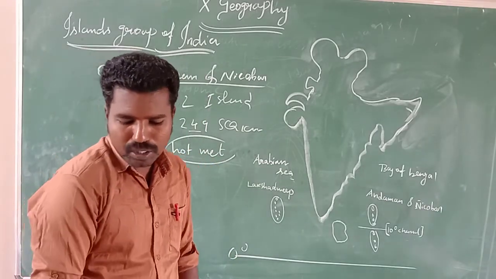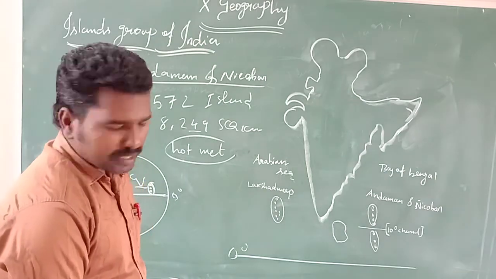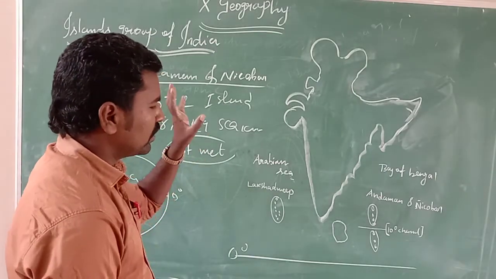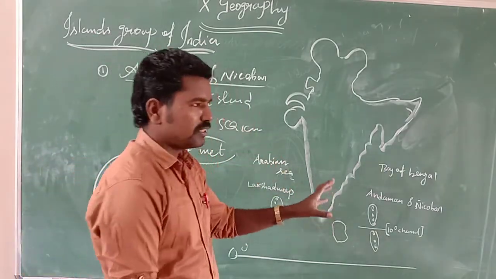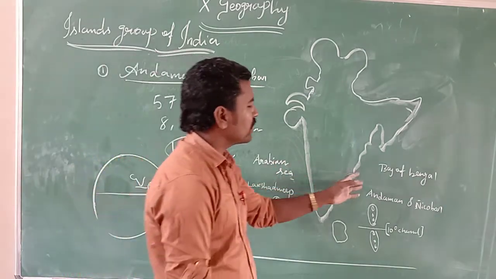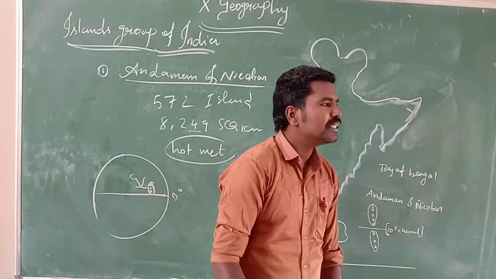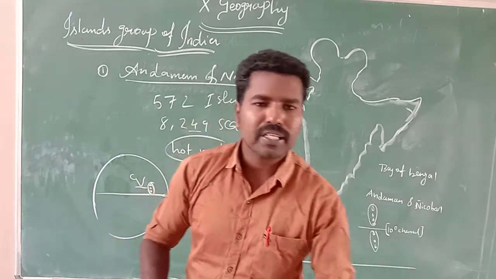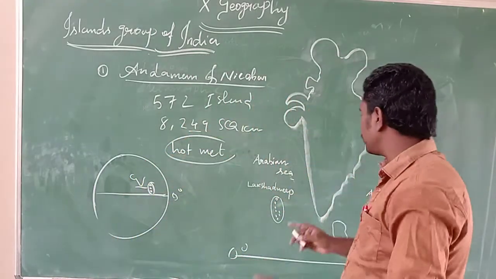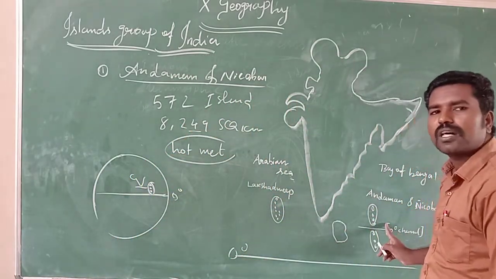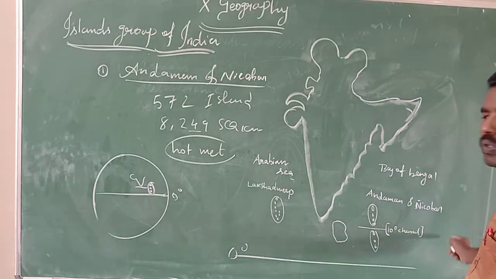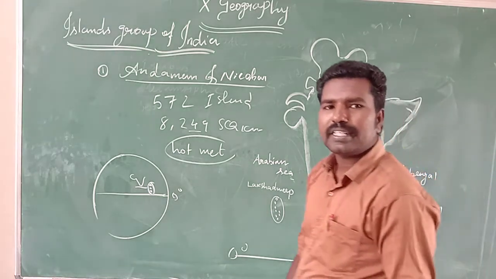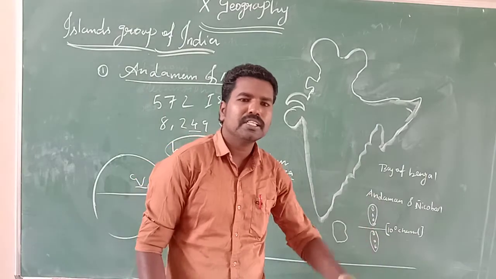And the Andaman Nicobar Islands are of great strategic importance. They have very important political and geographical strategic importance, because they are situated very close to the Malacca Strait. The Malacca Strait is a strait between Malaysia and Indonesia.